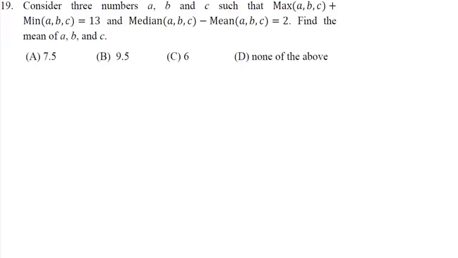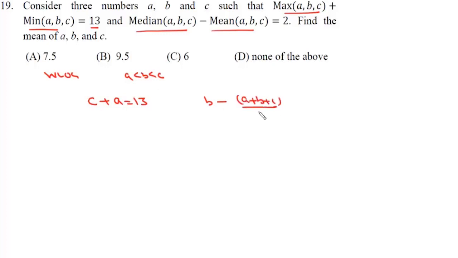Now question number 19 is, consider three numbers A, B and C such that maximum of ABC plus minimum of ABC is 13 and median of ABC minus mean of ABC is equal to 2, then find the mean of A, B and C. Now without loss of generality, we can assume that A is less than B and it is less than C. So maximum of ABC will be simply C and minimum of ABC will be A, and this is 13. Median is B and mean is (A plus B plus C) whole divided by 3, and this is equal to 2.